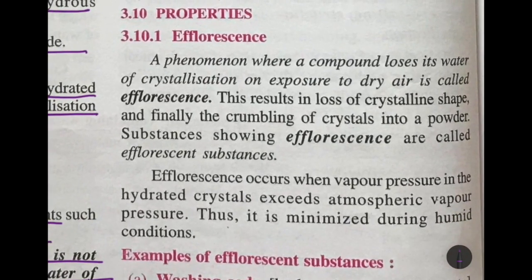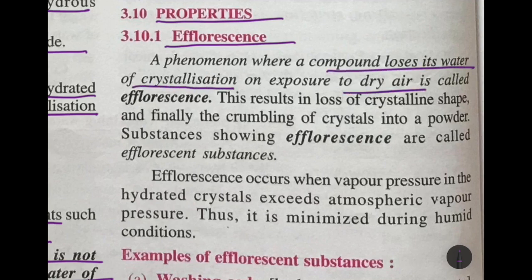Okay, now moving on to the different properties. The first property is known as efflorescence. Now, when we talk about efflorescence, we are talking about a phenomenon where a compound loses its water of crystallization when exposed to dry air. And what happens when water of crystallization just evaporates into dry air?